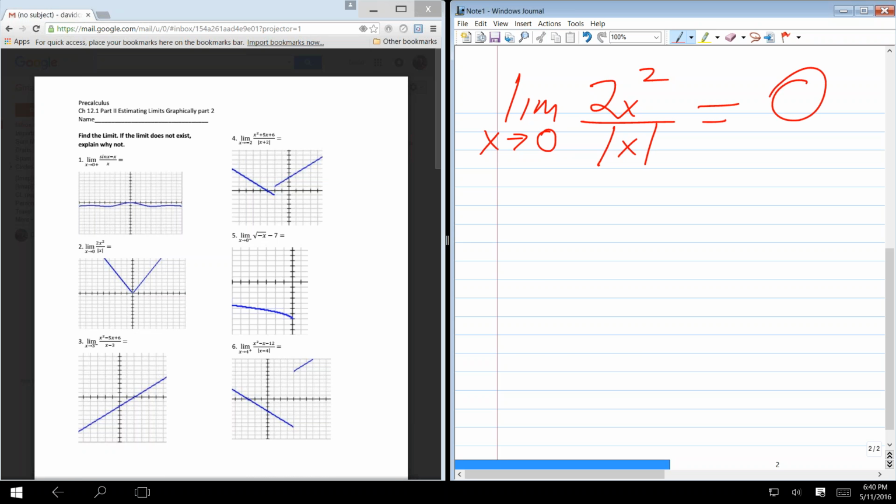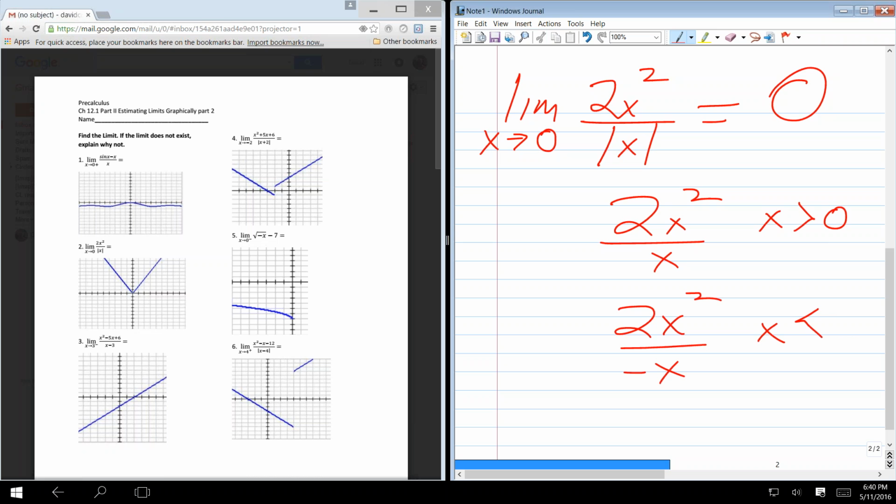Now, doing it algebraically, they don't really insist that you do it algebraically, do they? No. They just want you to be able to read the graph and figure it out. I could do it algebraically, but here's what happens. It's 2x squared over x whenever x is greater than 0, and 2x squared over minus x whenever x is less than 0.